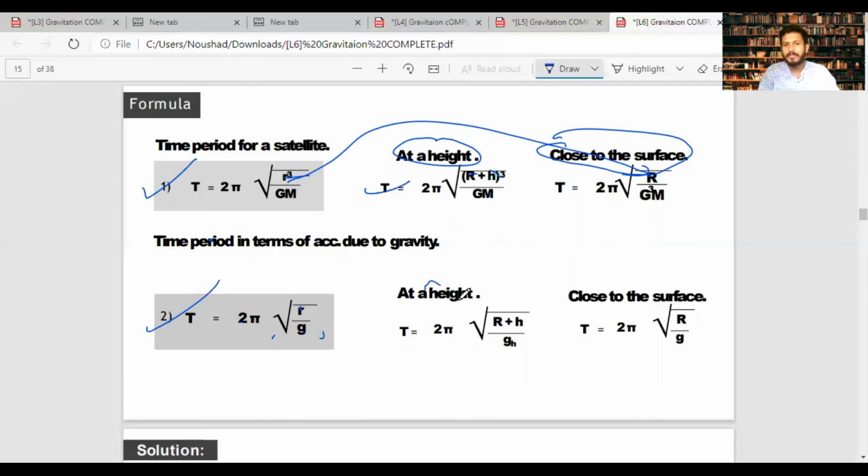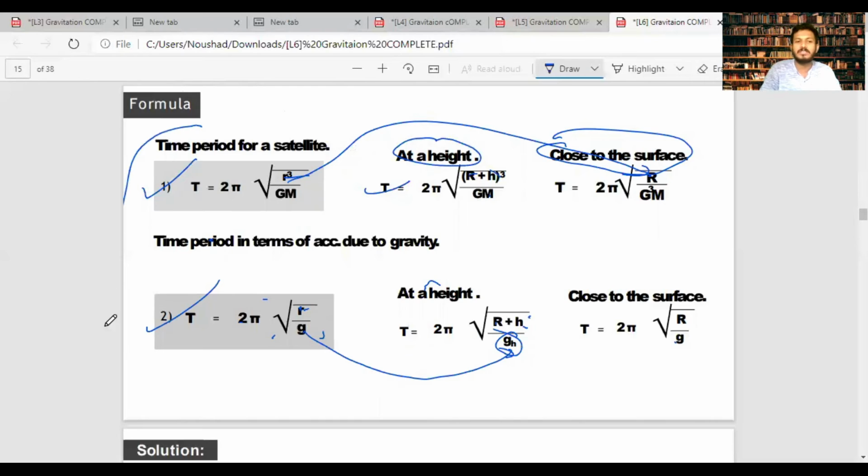At a height, r plus h, then g becomes gh; we have also studied the variation of acceleration due to gravity with height. Put that value here, and r becomes r plus h. Close to the surface, 2 pi into root r by g. Close to the surface, g is just g, and h is not needed. Only put r at the surface.